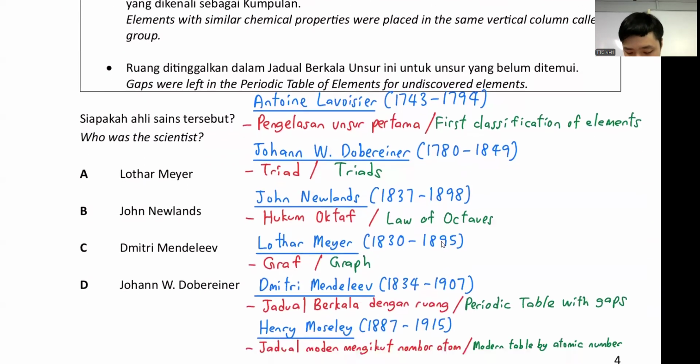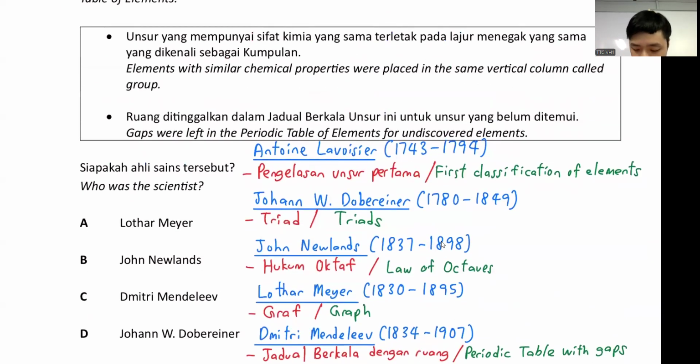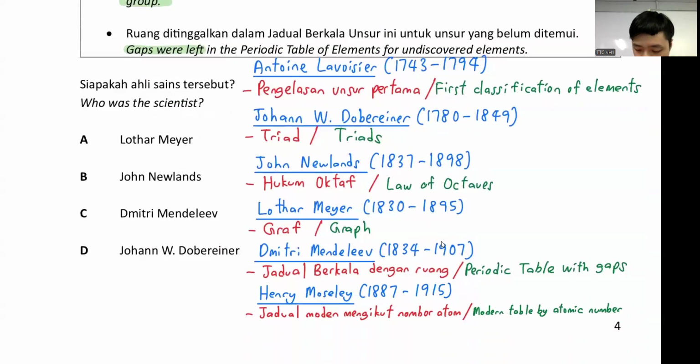They tell you elements with similar chemical properties are placed in the same group, and gaps were left for undiscovered elements.